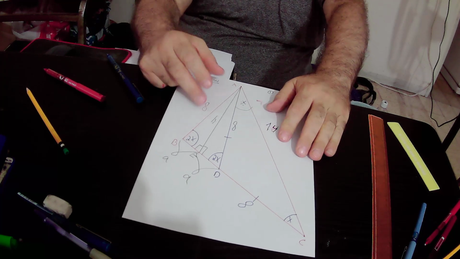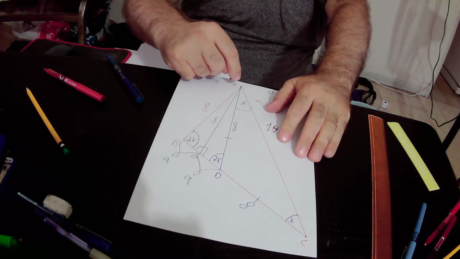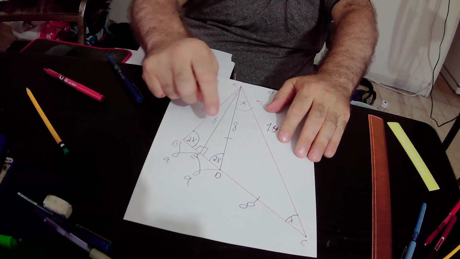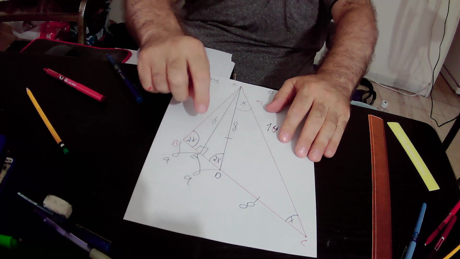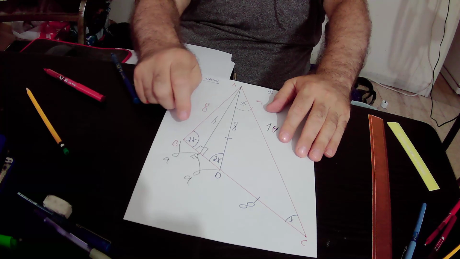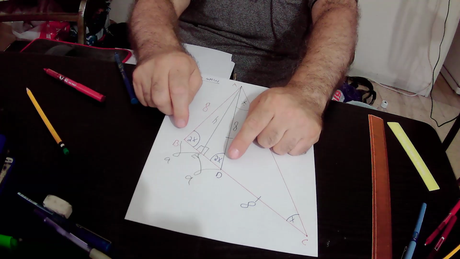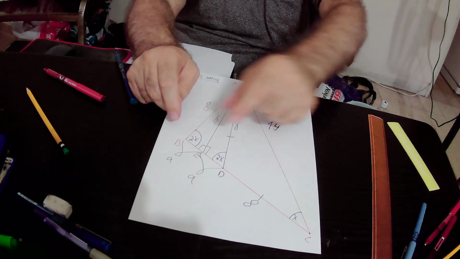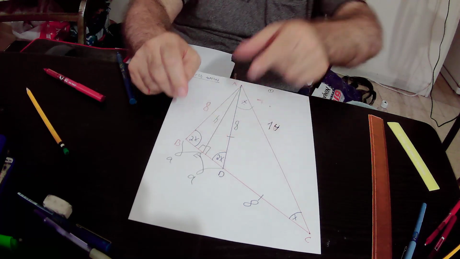So according to rule number 3, if we draw from point A a perpendicular to the base BD, that perpendicular will divide the base BD into two equal parts, that is to say BE equals ED.